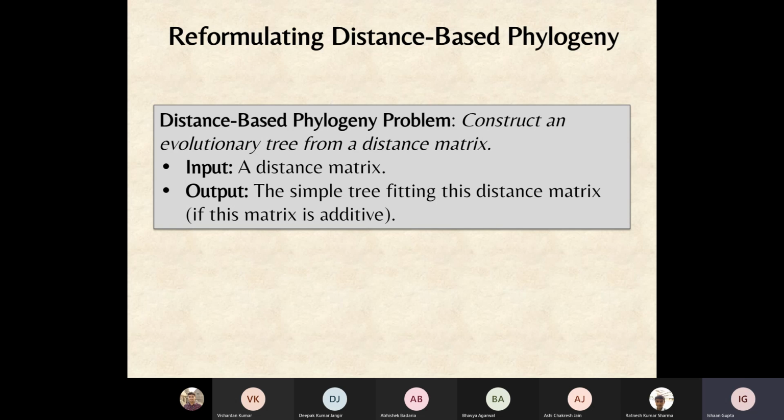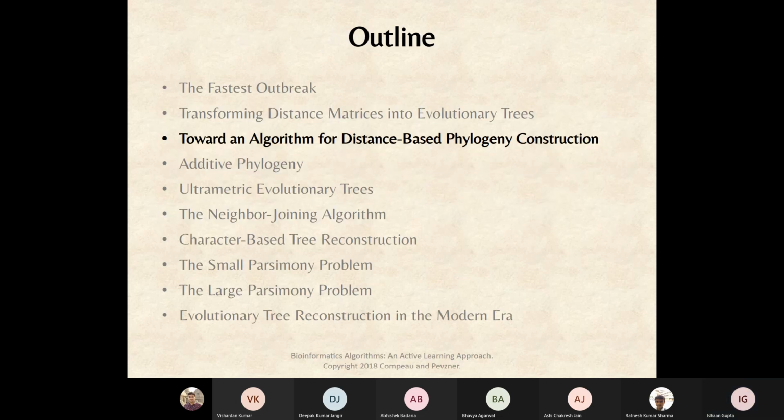So imagine when you're writing your pseudocode, you are adding a few lines where you are checking whether the given matrix is additive and whether the output tree is actually a simple tree or not. So these were the ideas. You can transform your multiple sequence alignments into distance matrices, and then convert them into evolutionary trees, trees which fit these distance matrices.